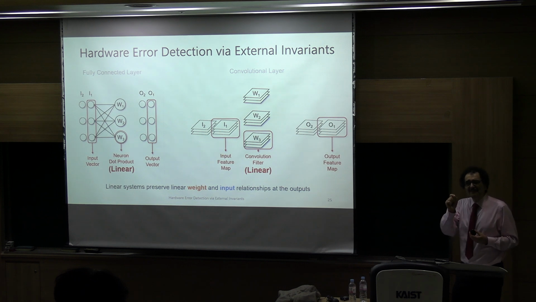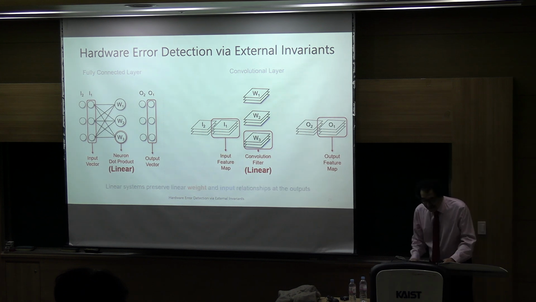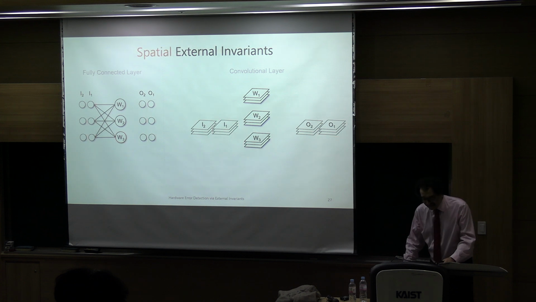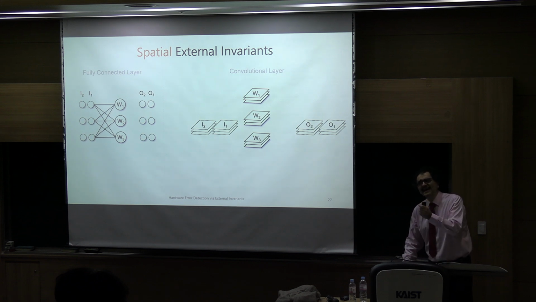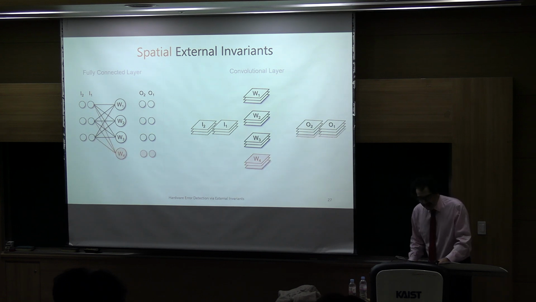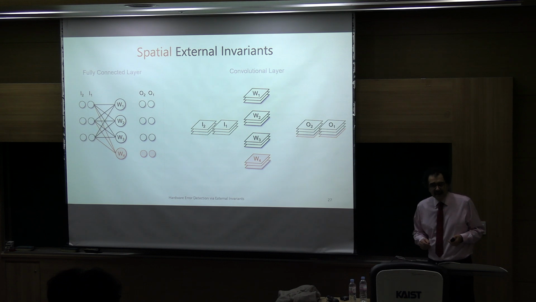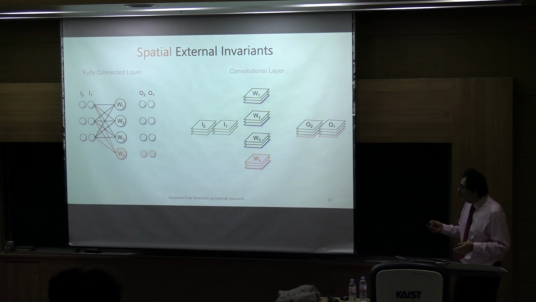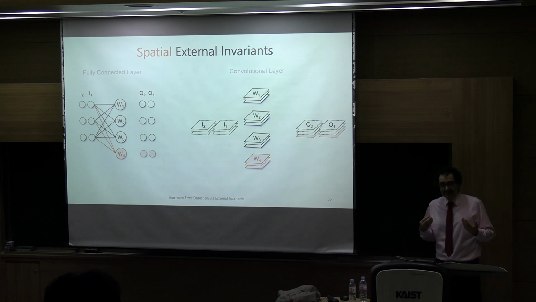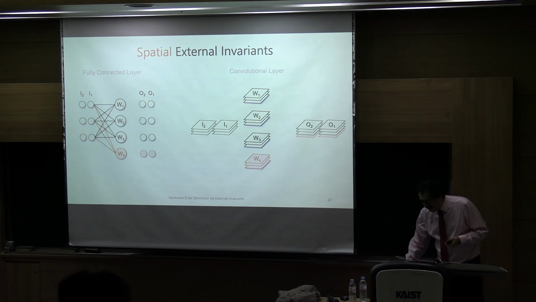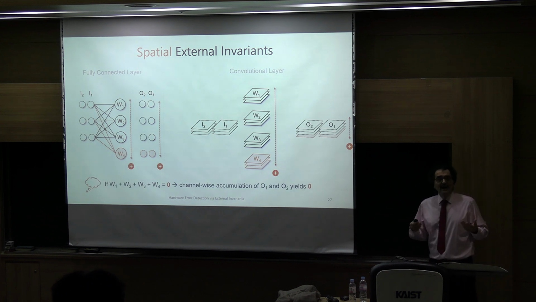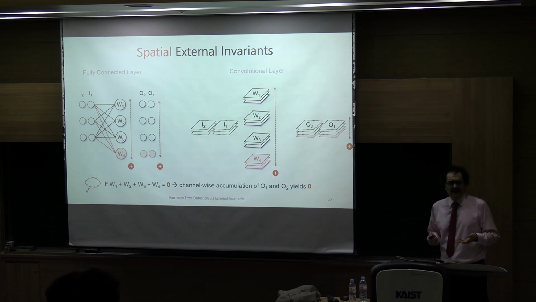So consequently, preserving this means that if I added a little bit extra spatial or temporal stuff, I should be able to have information over that that can protect me against defects escaping. And let me show you at the spatial level, what I can do is I can put an extra weight in this pink weight over here that you see. And if this sum of weights gives me 0, then the channel-wise accumulation will also produce 0.